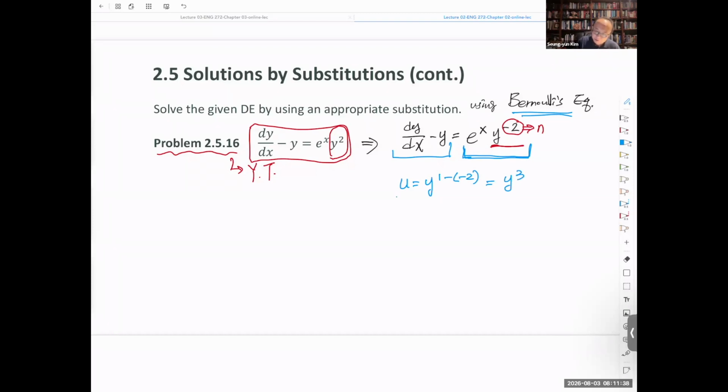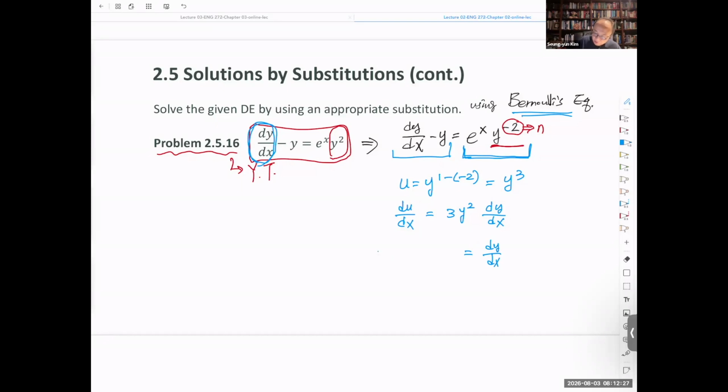Now let's take the chain rule with respect to x, then du over dx equals 3y squared dy over dx. And since we have dy over dx in the equation, I'm going to change this to dy over dx equals something.